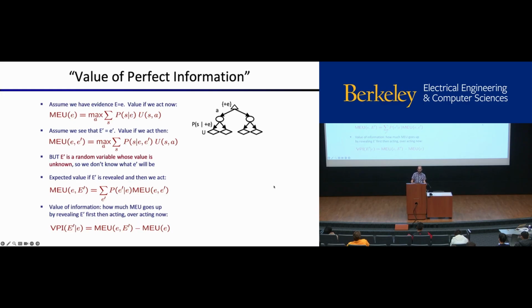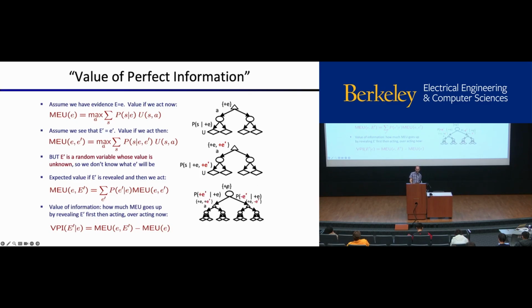So I'll add another picture. We've already seen this tree before. And this is conditioned on E taking some value. Here's another tree conditioned on E prime taking some value. And the setting we're in now is there's a chance node at the beginning for what E prime ends up being, and then two different subtrees, basically this one and its brother, depending on whether E prime ends up being one way or another.